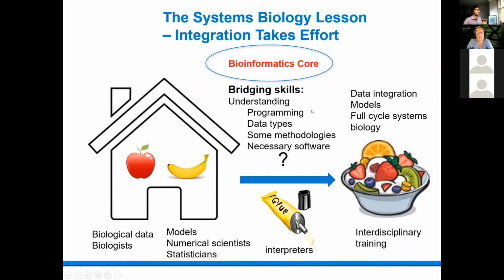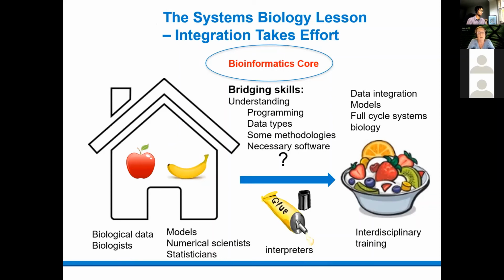So integration, being glue, bridging the gap between people that need to work together but don't necessarily have all of the information to hand to share their information effectively is really important. And we learned this very much when systems biology took off. You can put biologists and mathematicians in a building together and tell them to do good science, but you need the glue.